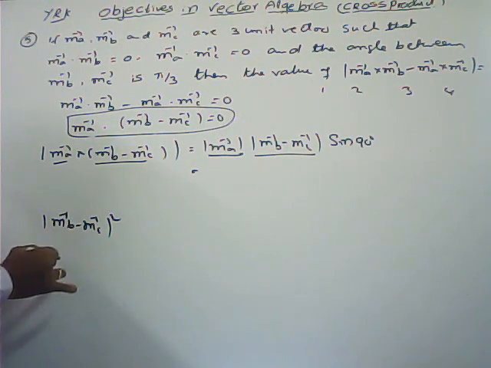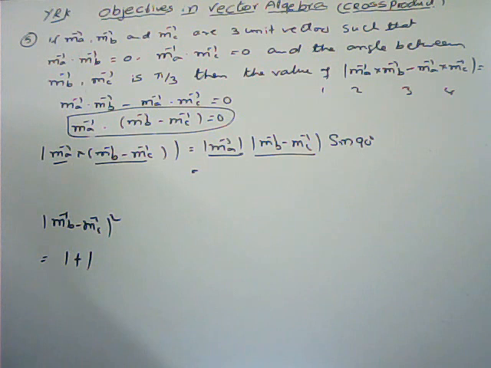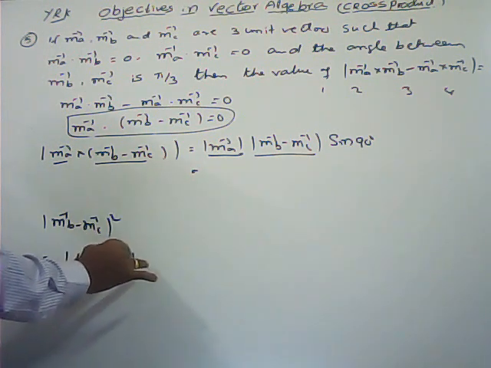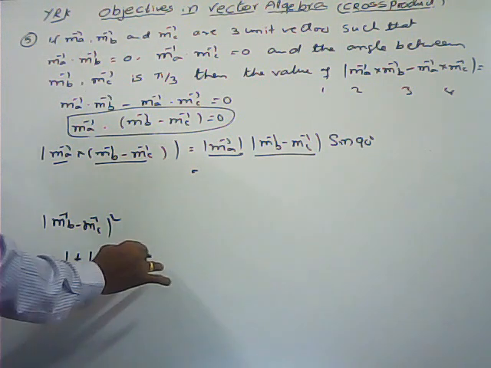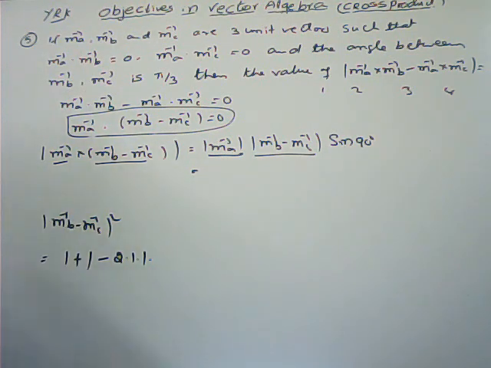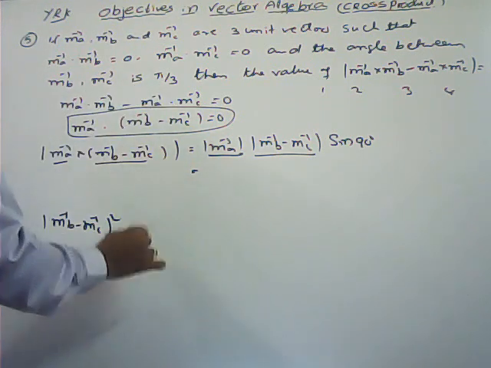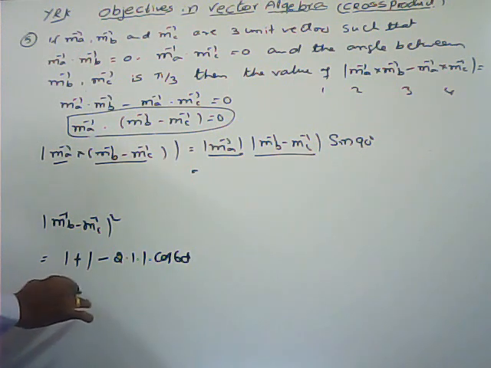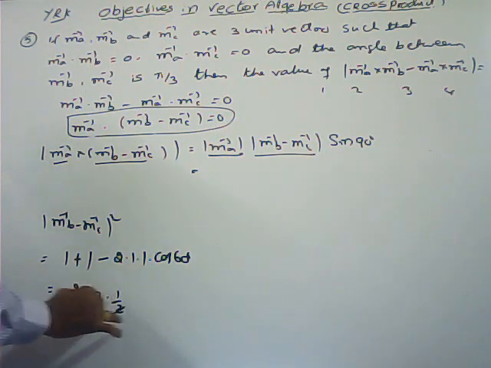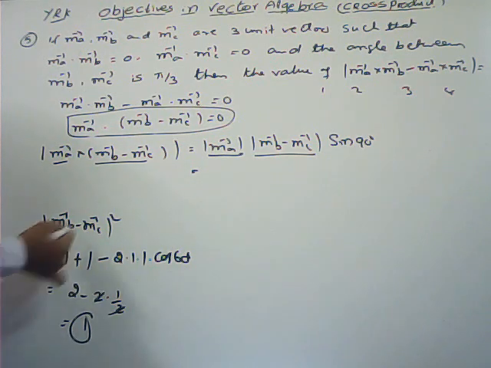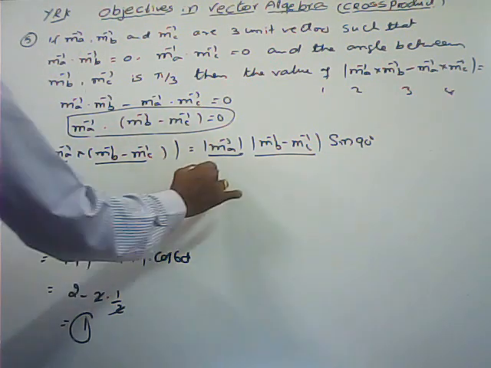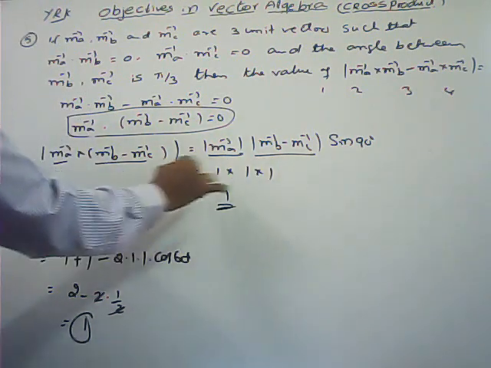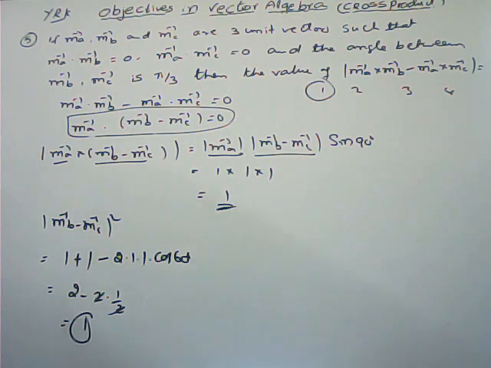Modulus of MB bar square, that is 1, plus modulus of MC bar square, that is also 1, minus 2 into modulus of MB bar, modulus of MC bar, into cos of angle between these two, MB bar and MC bar, cos 60. 60 is given as the angle between the two. So 2 minus 2 into 1 by 2. 2 gets cancelled, that is 1. By taking square root also we get 1 only. This value, this is the unit vector, this is 1, and sin 90 is also 1. 1 into 1 into 1, that is 1. First option.